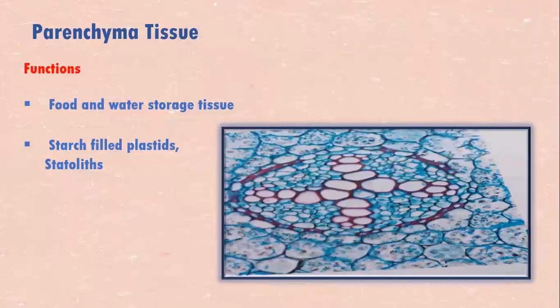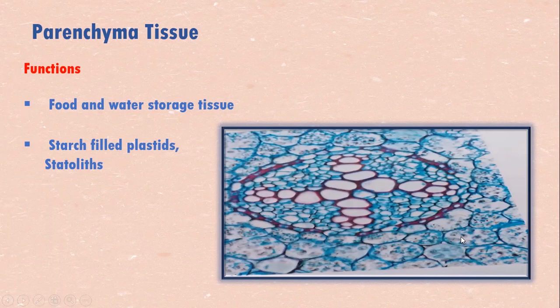It stores water and it stores food, all right? You see these parenchyma cells, these are all parenchyma cells. The parts inside them are starch grains, and starch grains stored in the parenchyma cells of the roots is very common.